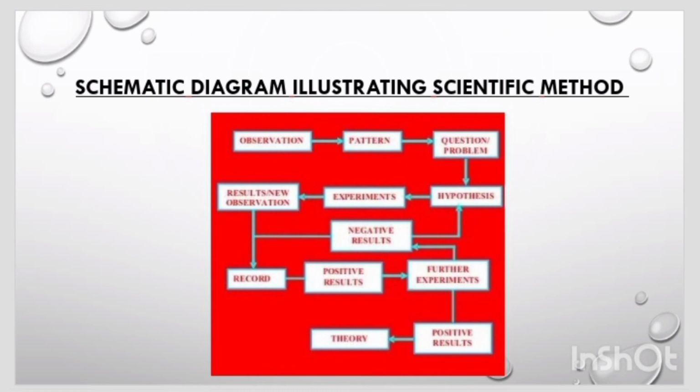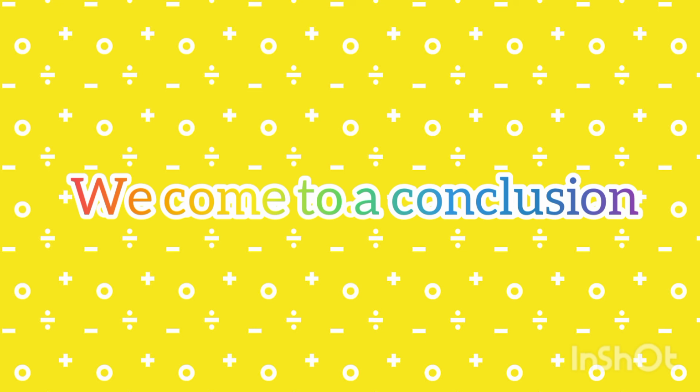So, in conclusion, the basic parts of a scientific method are the observation, the pattern, the question or the problem, the hypothesis, experiments, and the result.